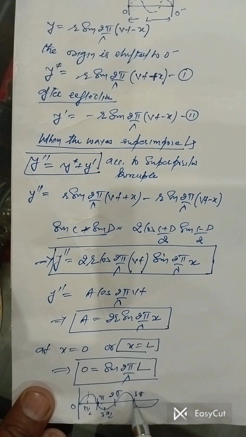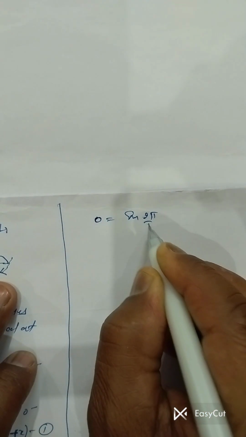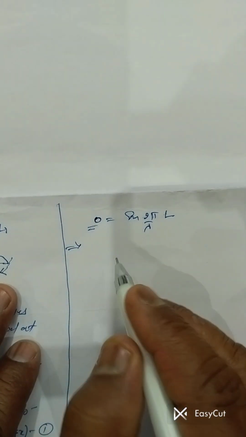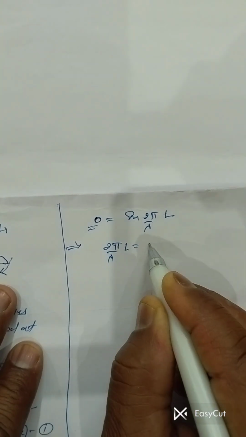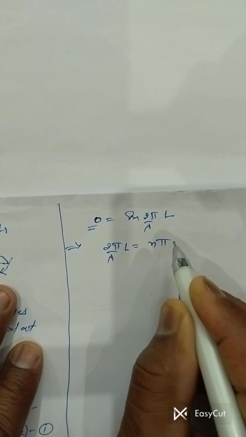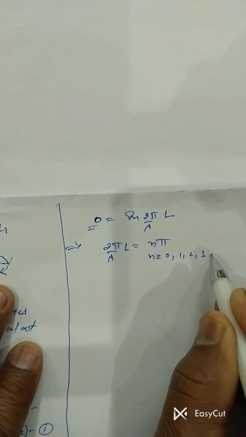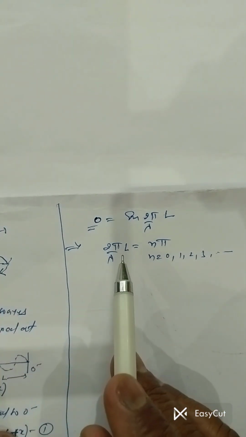In this way, at these angles the amplitude is 0. So it is clear that 0 is equal to sine 2 pi upon lambda into L, and the angle 2 pi upon lambda into L will be equal to n into pi. Why? Because at these angles the sine will be equal to 0. And what is the value of n? 0, 1, 2, 3, and so on up to n.